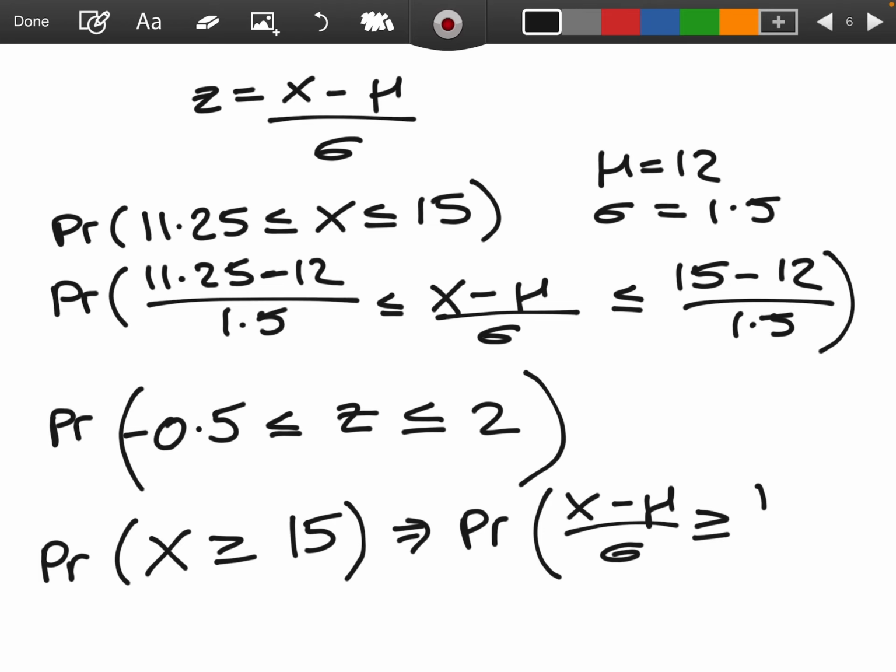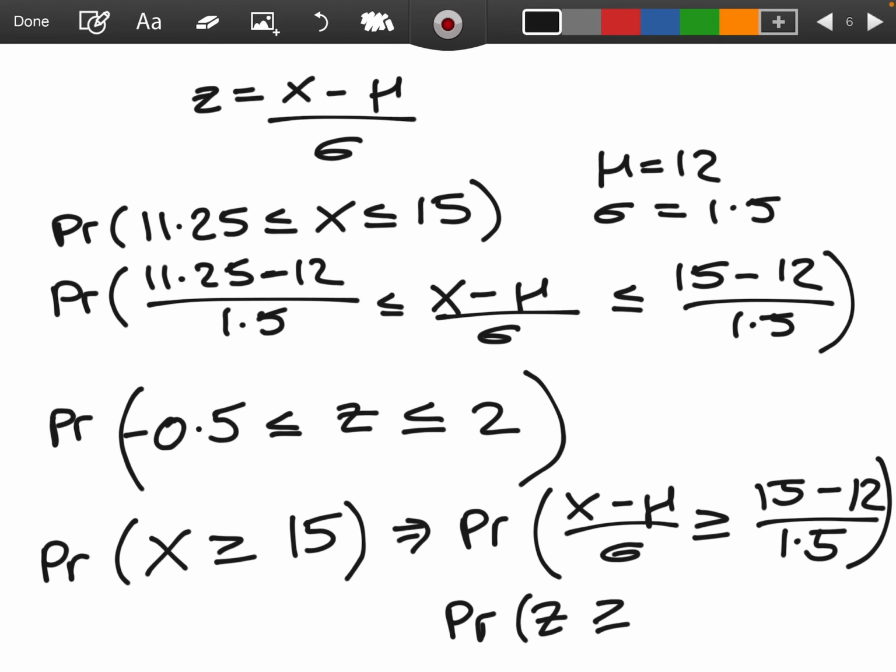That's the same thing as saying what's the probability that x minus the mean over the standard deviation is greater than or equal to 15 minus 12 over 1.5. So we would be looking at what's the probability that z is greater than or equal to 2. So what's the probability that I'm more than 2 standard deviations above the mean when I'm in standard normal distribution.